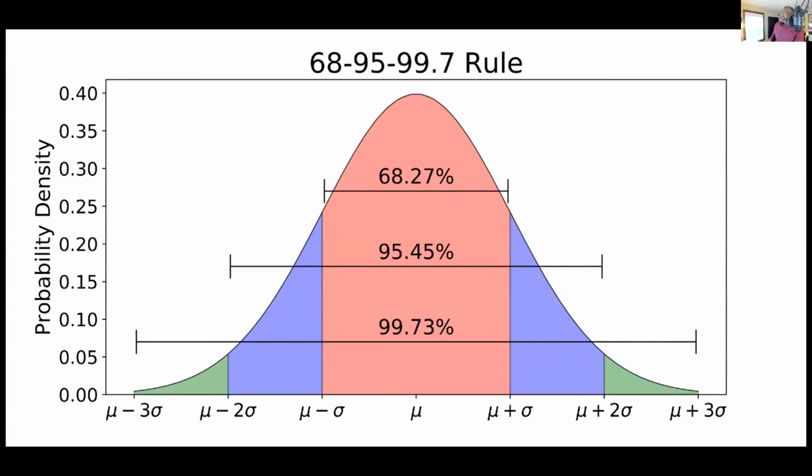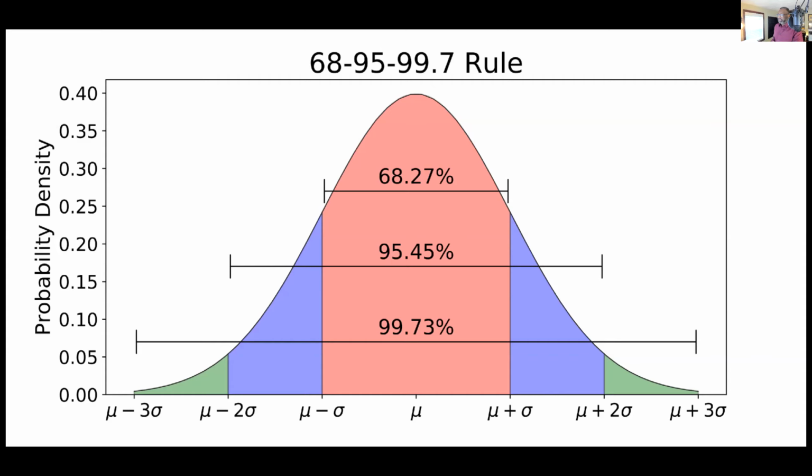It's always really good. So again, the 68, 95, 99.7 rule means that any sort of thing that you're measuring that has some normal distribution, whether it's salary, height, weight, SAT scores, whatever, generally 68.27% will fall within 1 standard deviation plus or minus the mean.